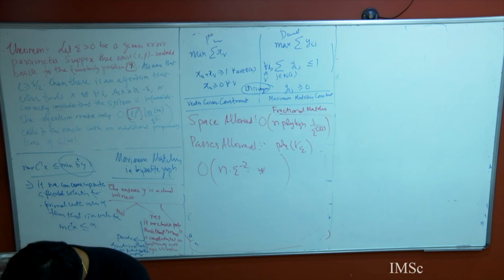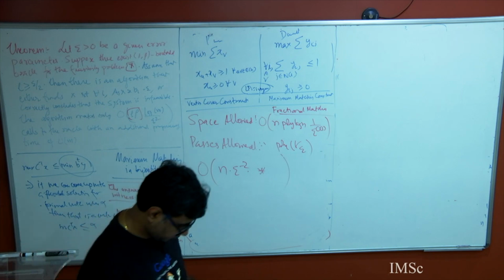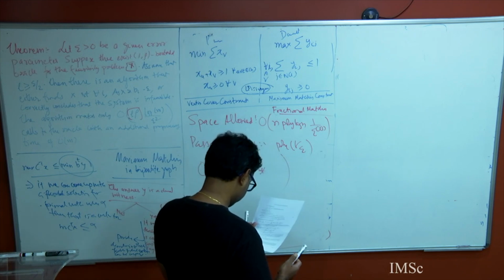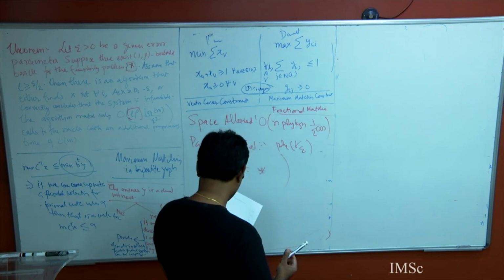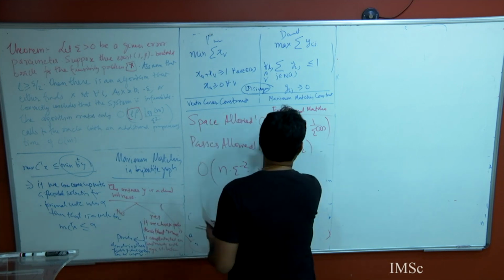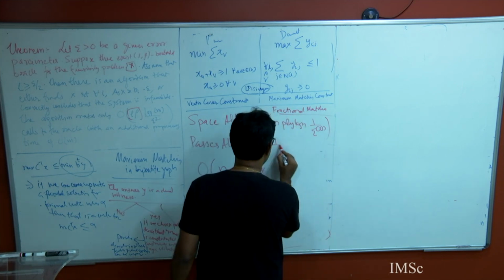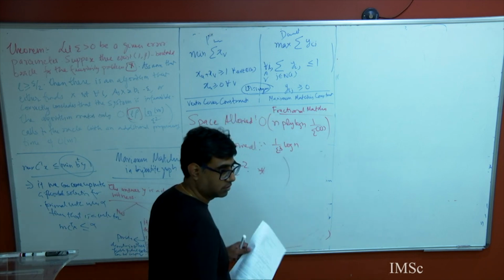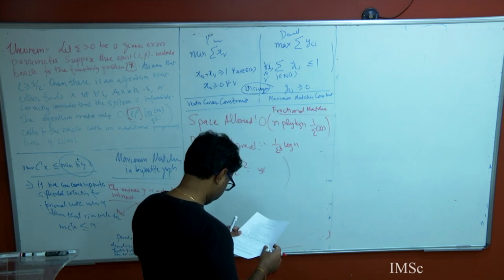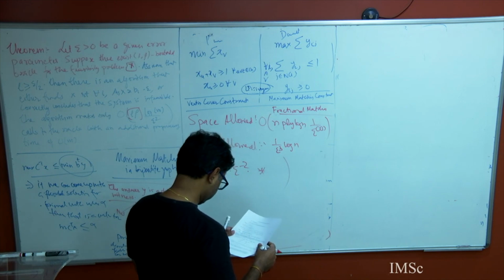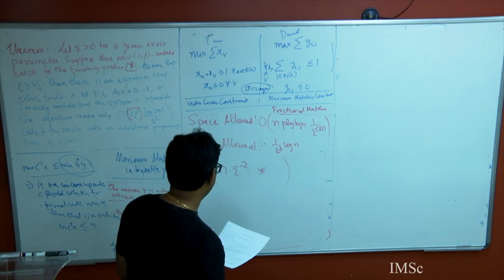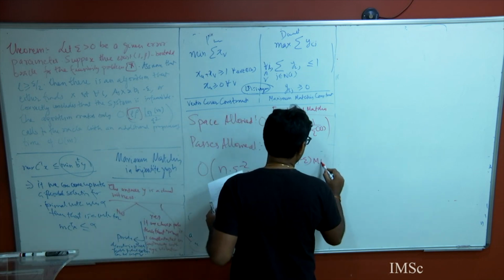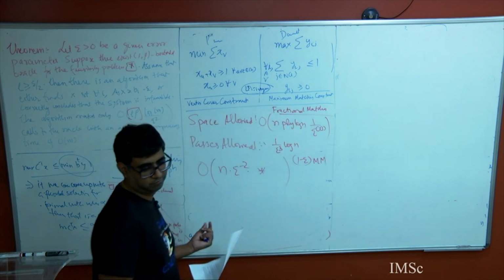Now, you can do much better, but what I will give you now is 1 over epsilon to the power q times log n passes, and the space will be... okay, and somehow their language is like they are going to give you 1 minus epsilon times maximum matching, which is fine.